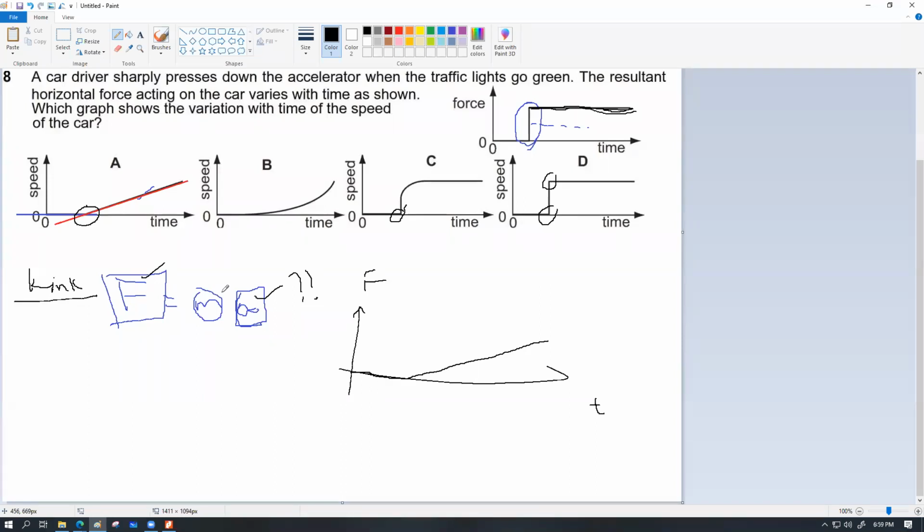Which is pretty important for the case of rocketry, but for a car I don't think that's really important, because compared to the entire mass of a car, the mass of fuel is actually quite small, like seriously small. So that's why we can consider the acceleration to be constant. That's why this speed-time graph can have a straight line gradient.